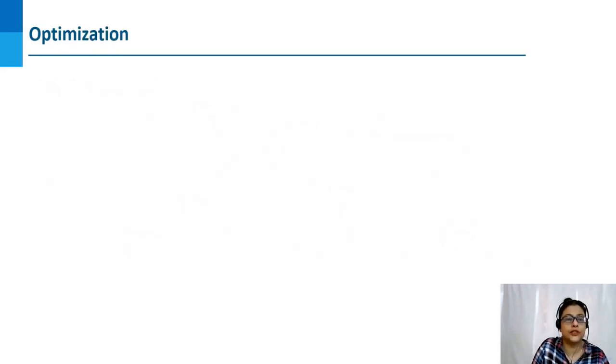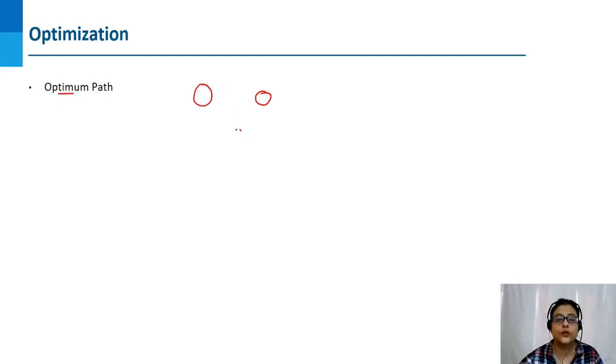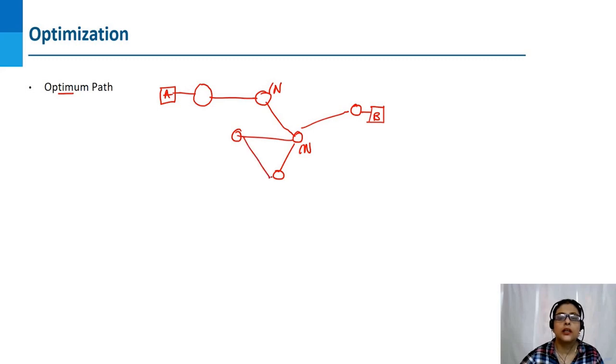Now, what is optimization? We need an optimum path. Suppose we consider this network having some nodes and end stations. Suppose this is end station A and this is end station B, and in between we have several intermediate nodes through which the router must send packets.